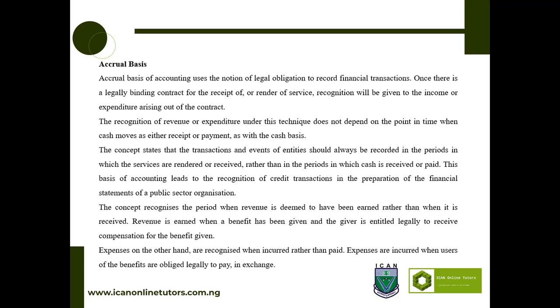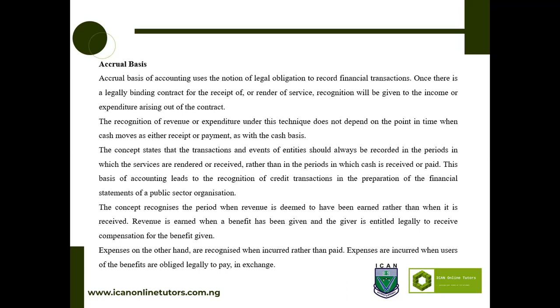So irrespective of whether cash or credit is involved, the transaction will be recorded once a binding contract agreement has been reached. So the recognition of revenue or expenditure under the technique does not depend on the points in time when cash moves as either receipt or payment.